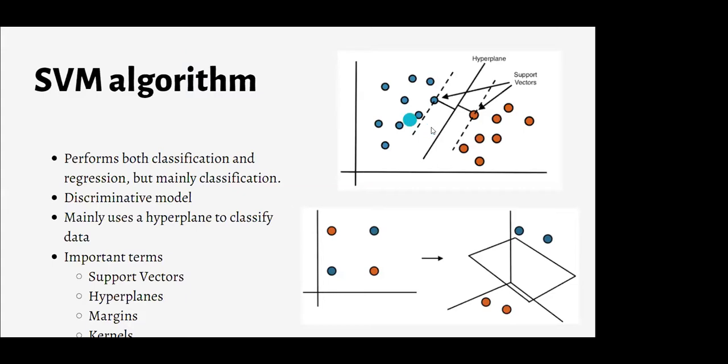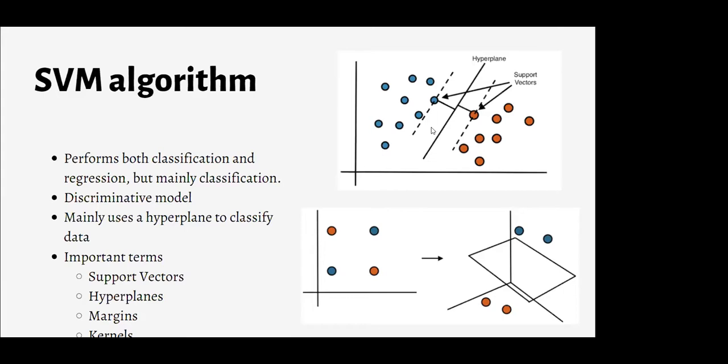So in the first graph, you can see there are a couple of data points that have been plotted, and the hyperplane or the straight line distinguishes between two classes. So it's basically a linear SVM classifier, linear because it works in two dimensions. So linear SVM classifier works by drawing a straight line between two classes.